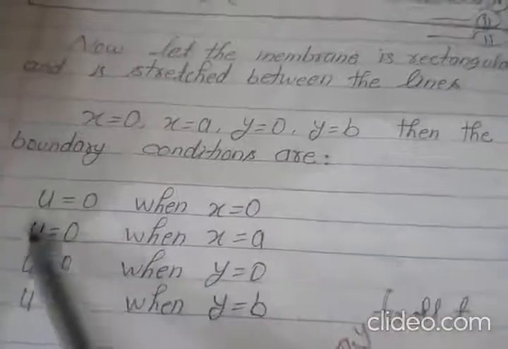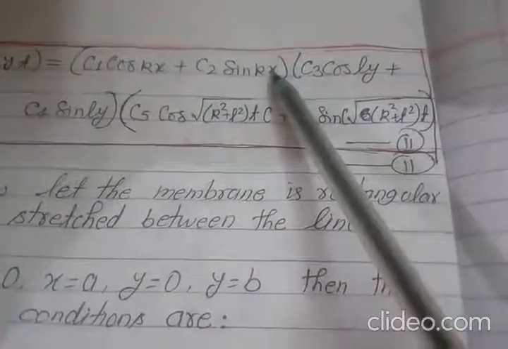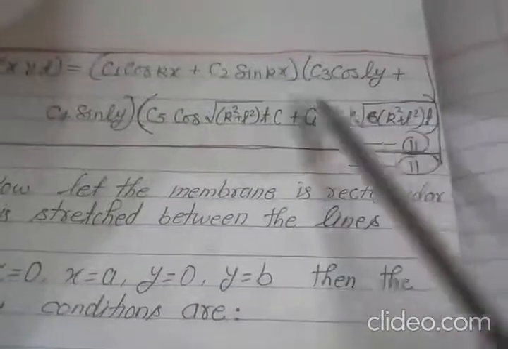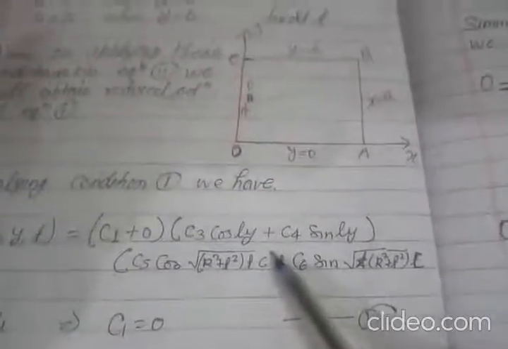So on putting the first condition in equation 11, we will find C1. The first condition is: when x is equal to 0, u is equal to 0. Then putting x is equal to 0, cos 0 is 1, sin 0 is 0, and all the terms are free from x. So here we find only C1 times all the remaining function.